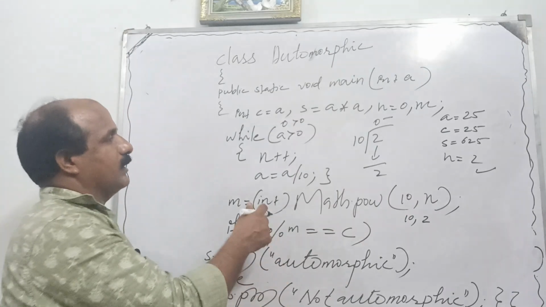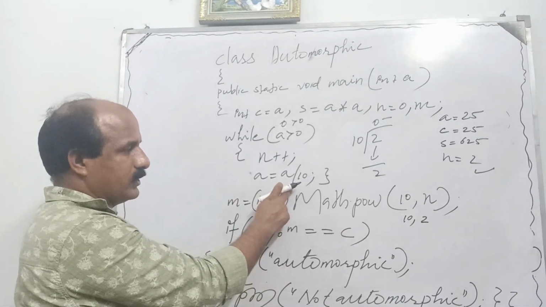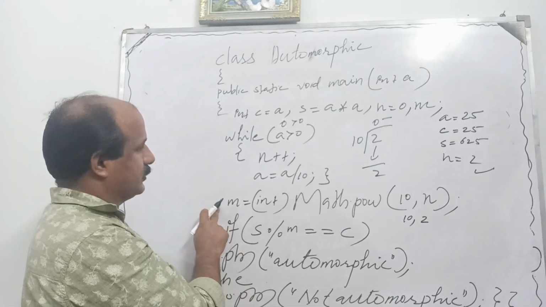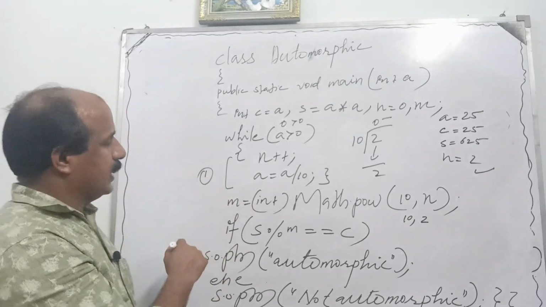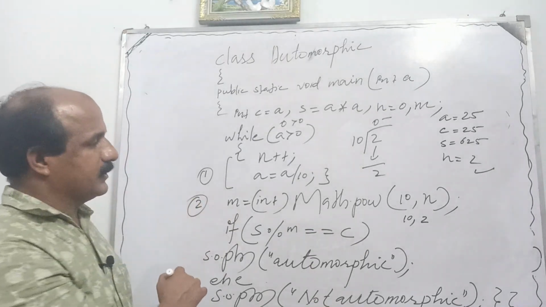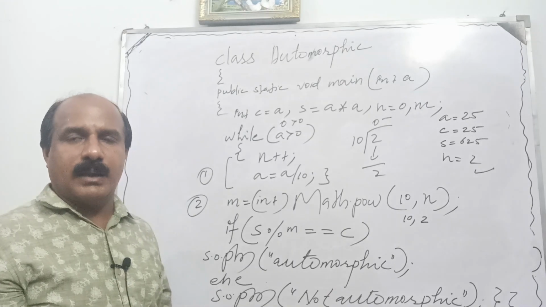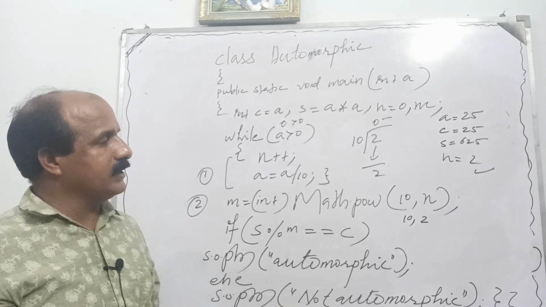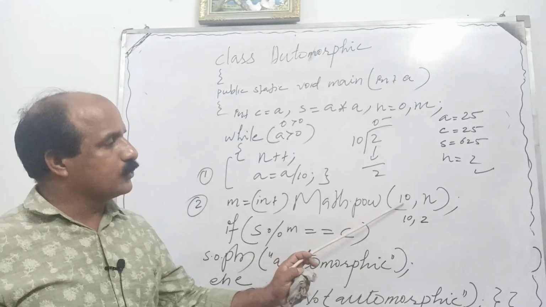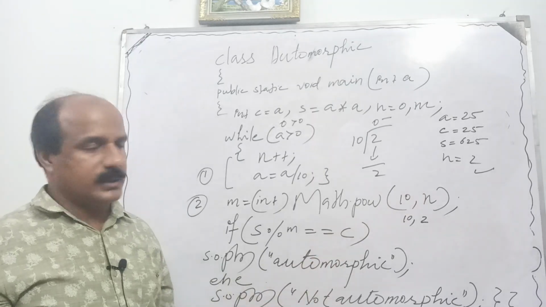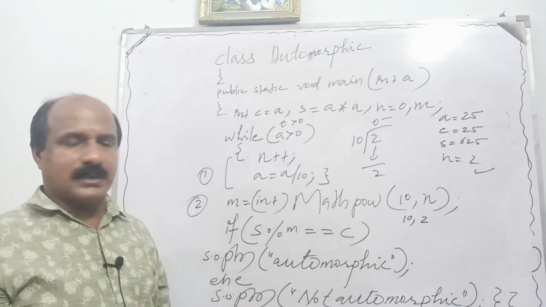So in the first step we counted the number of digits. Now in the second step we take 10 to the power of that number of digits. Suppose you have a one digit number, then 10 to the power 1. If you have a 2 digit number, then 10 to the power 2. If you have a 3 digit number, then 10 to the power 3, and so on.